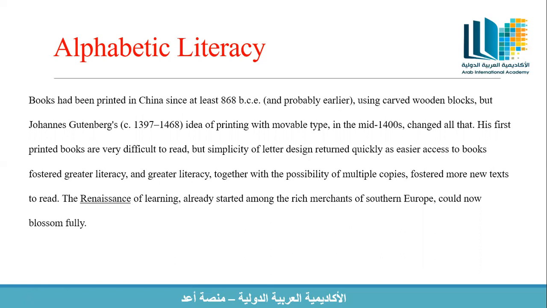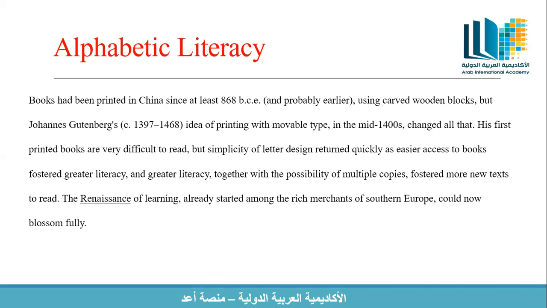It changed all our common ideas. His first printed books are very difficult to read, but simplicity of letter designs returned quickly as easier access to books fostered greater literacy, and greater literacy, together with the possibility of multiple copies, fostered more new texts to read.